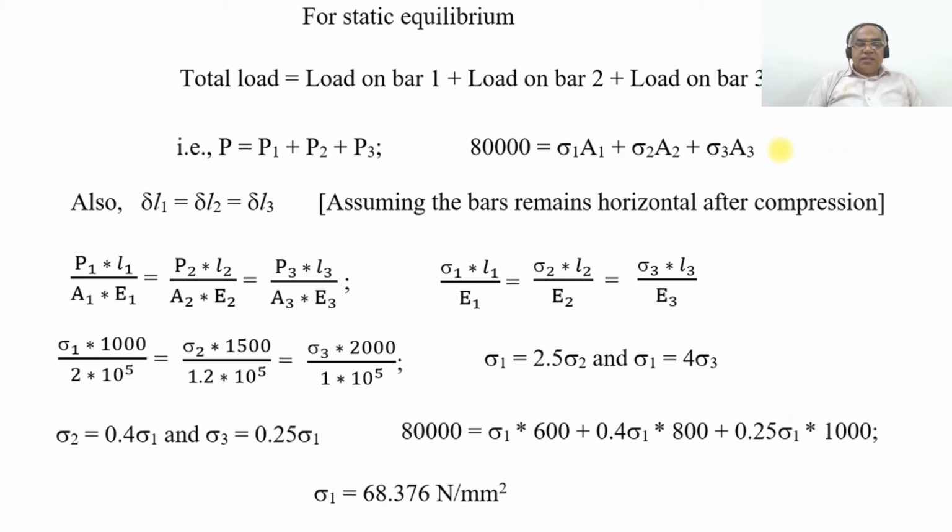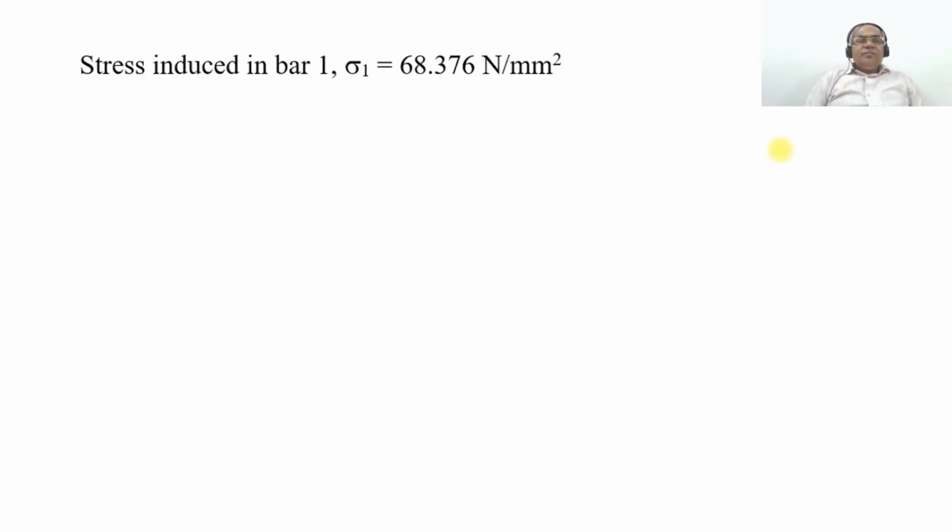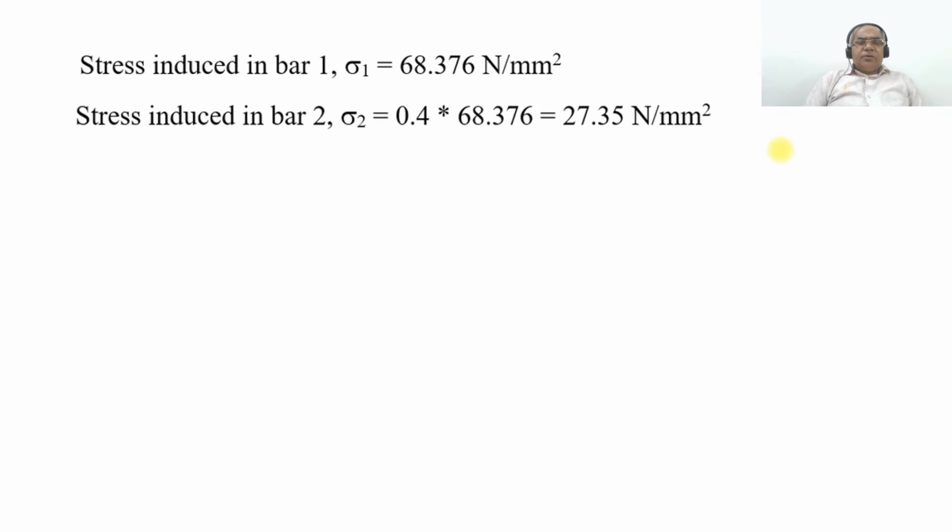Therefore, you are going to get the stress in the bar 1 will be equal to, on simplification, 68.376 Newton per mm square. Now, similarly, stress induced in the bar 2, sigma 2, will be equal to 0.4 into sigma 1. So that will be equal to, substitute the value of sigma 1 as 68.376, that is 0.4 into 68.376.